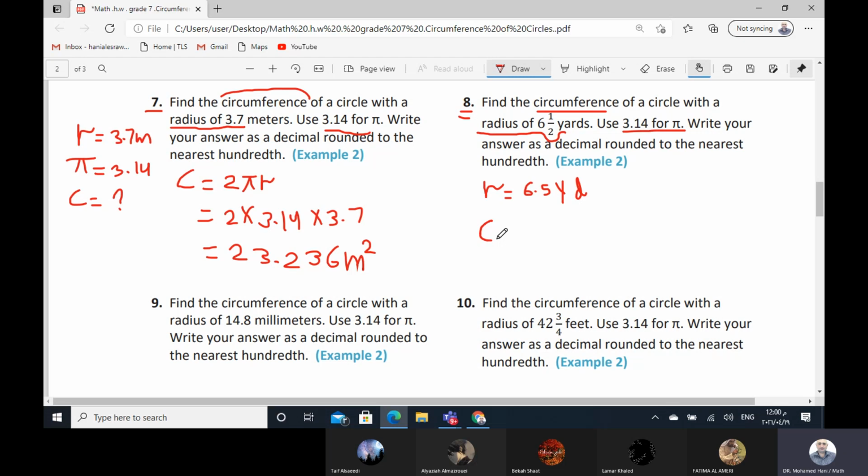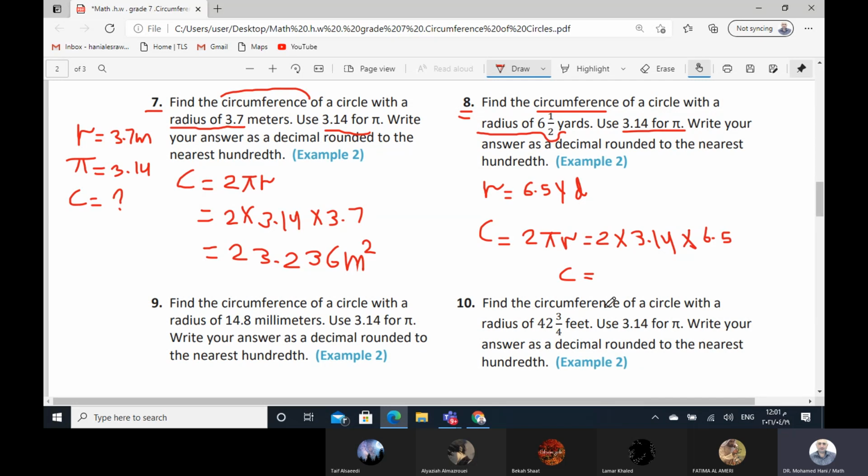So the formula here, C equals 2 times pi times r, means 2 times 3.14 times 6.5. So who can tell me what is the answer here?